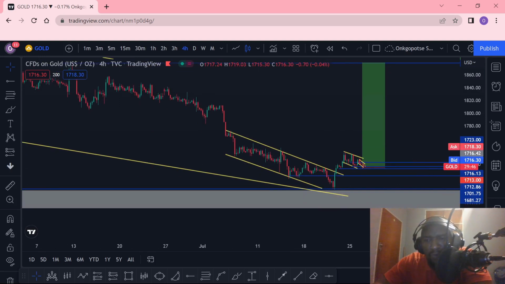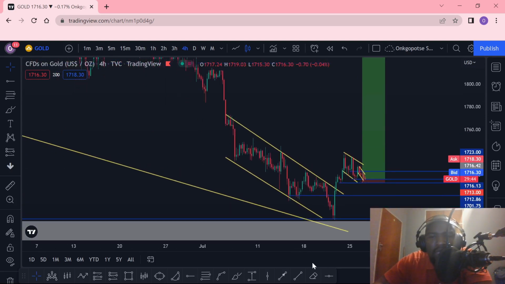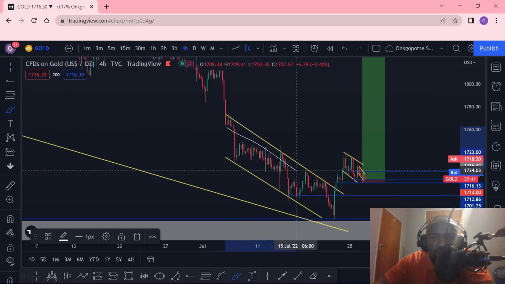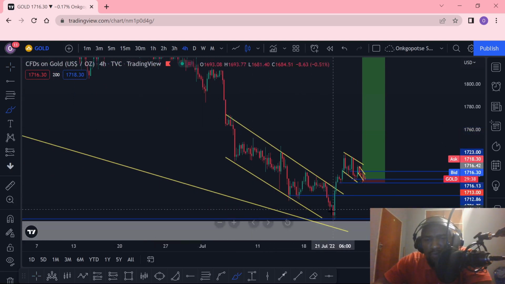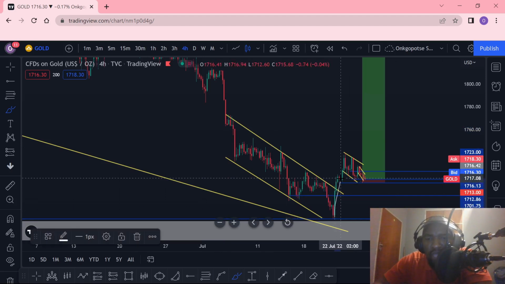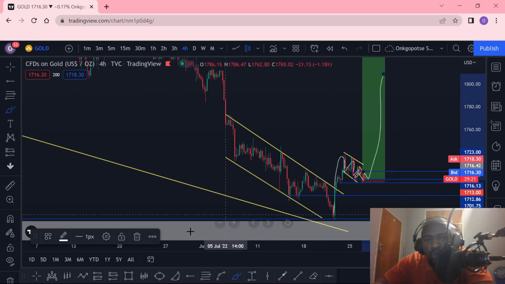So at this moment, you can simply see that gold had this beautiful downtrending channel, which is now beautiful because it has already been broken with an impulse towards the upside, right? So we now have a beautiful impulse and a bit of correction towards the downside. However, we are still looking for a further push towards the upside.